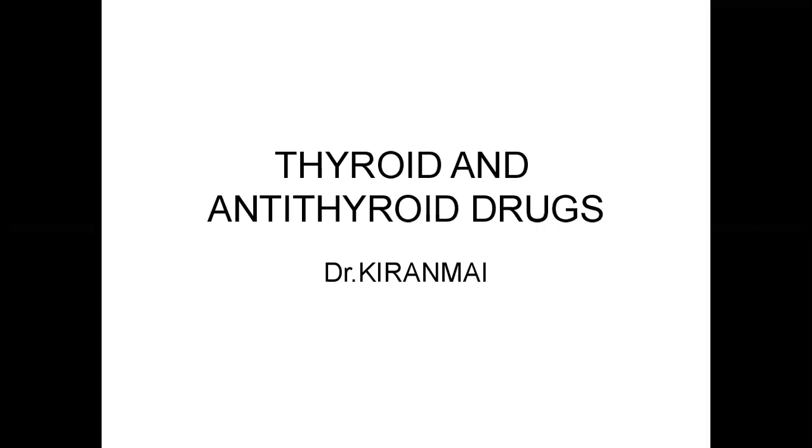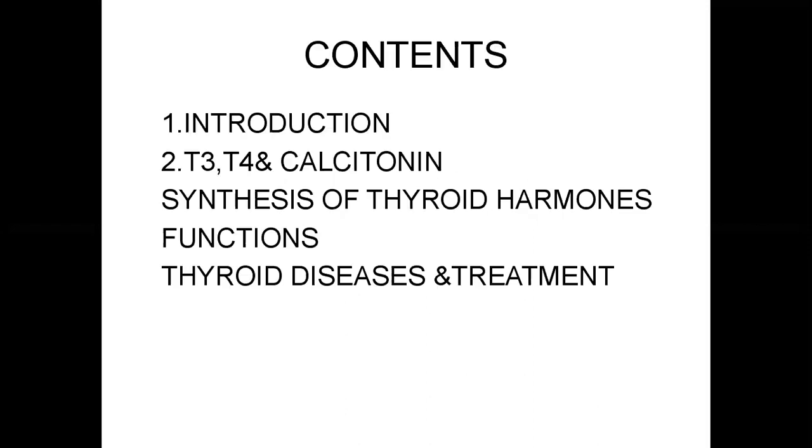Topic for the class is thyroid and anti-thyroid drugs. The contents we are dealing with in this class are: introduction, what is thyroid, where it is, anatomical position and all, and the function of the thyroid gland, that is secretion of hormones, that is T3, T4 and calcitonin.